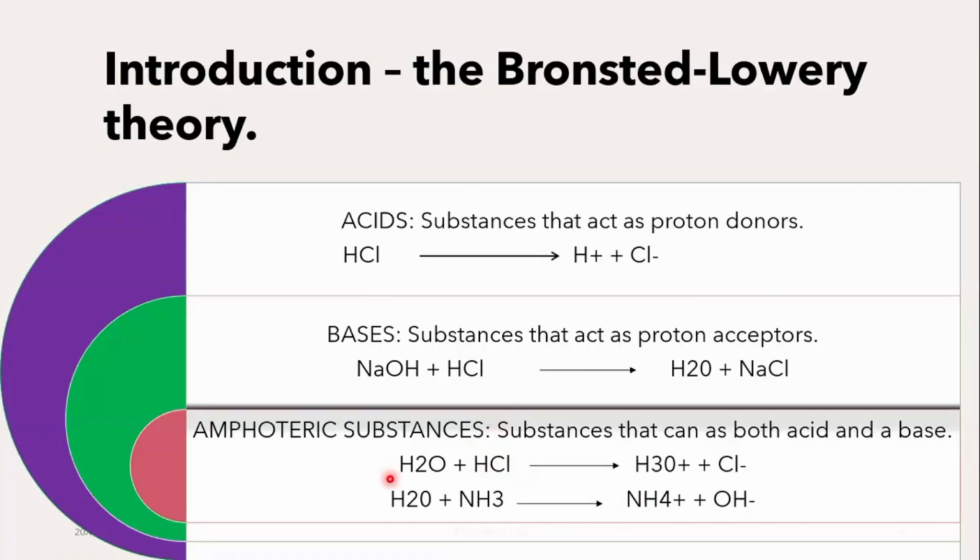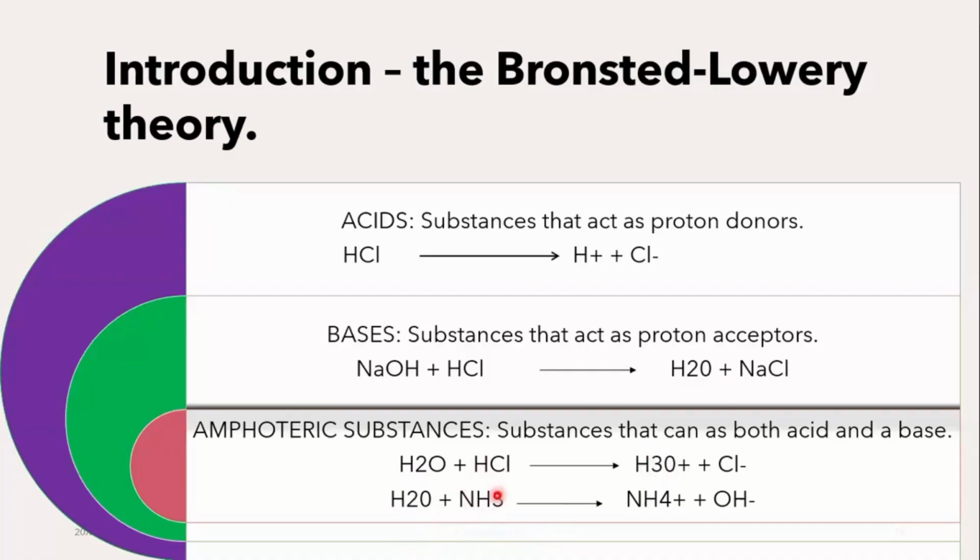If I add hydrochloric acid to water, what's going to happen? Hydrochloric acid is a proton donor, right? It's an acid. It will produce hydrogen ions. Water will accept those hydrogen ions and become a positive ion. On the other hand, if I take the same water but I add ammonia to it, ammonia is an alkaline gas, or if I add ammonia solution, it's an alkaline solution.